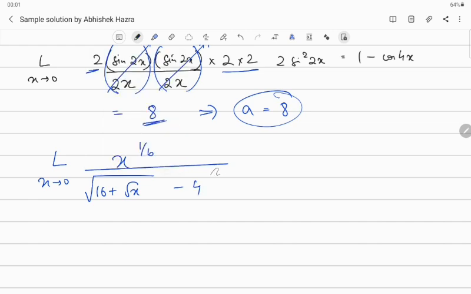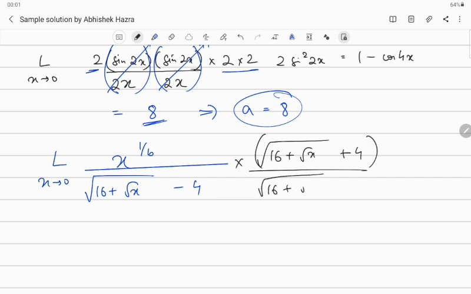Now you can see that this part of the function gives us a hint that what we should do is rationalize this. To rationalize, I'll multiply in the numerator and as well as in the denominator its conjugate, that is, plus 4.